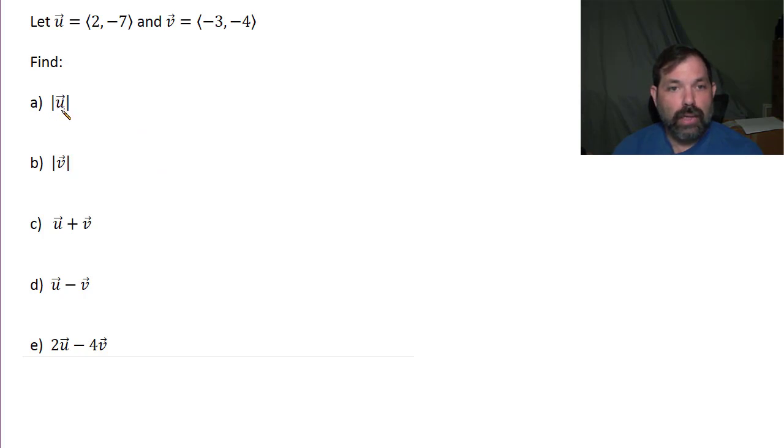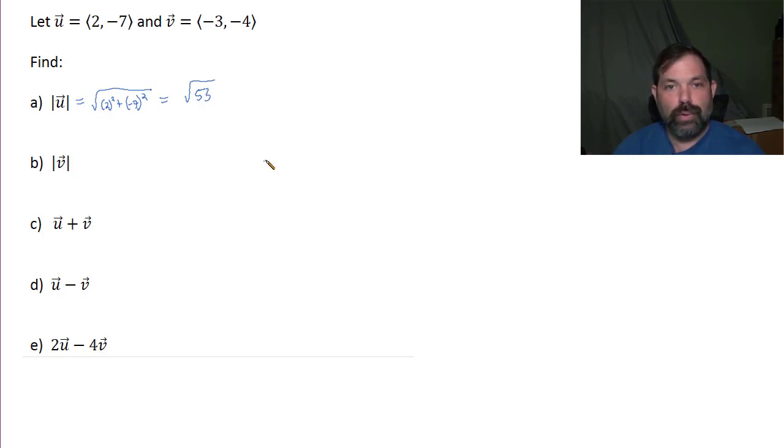Alright, so first, magnitude of the u vector, the norm of the u vector. This would be equal to the square root of 2 squared plus -7 squared. So that's the square root of 4 plus 49. That's the square root of 53. That's fine.